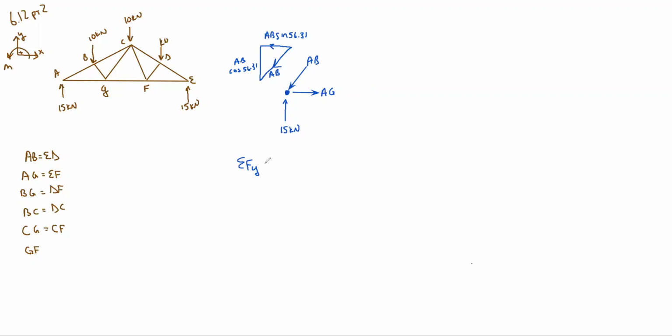Forces in the y direction: 15 kilonewtons going up, minus AB cosine 56.31, is equal to 0. Add AB cosine 56.31 to both sides: 15 kilonewtons is equal to AB cosine 56.31.